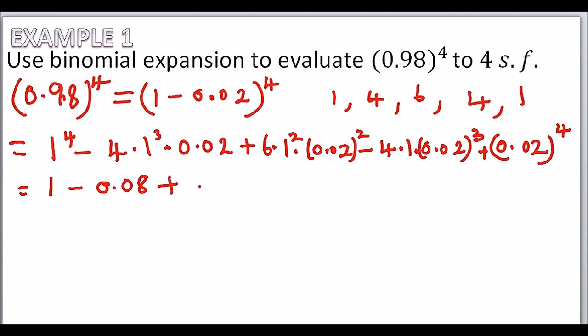Then we have plus (0.02) squared multiplied by 1 squared, which remains the same, multiplied by 6, we will get 0.0024. Then we have minus 4 multiplied by 1 is 4, you multiply by 0.02 cubed. You use your calculator to compute that.